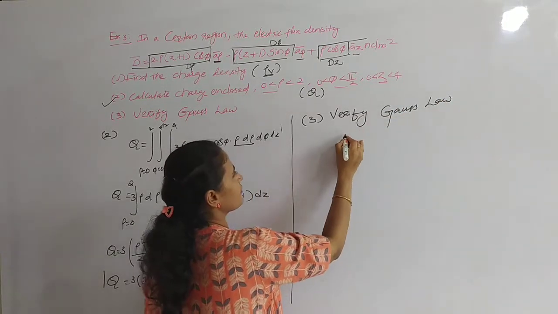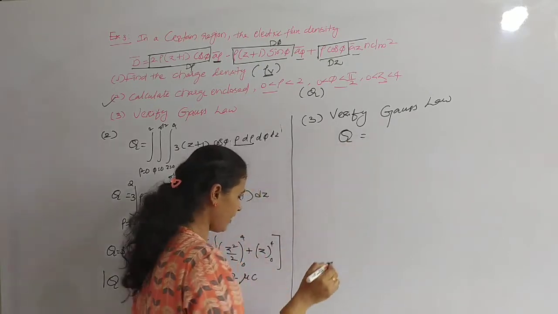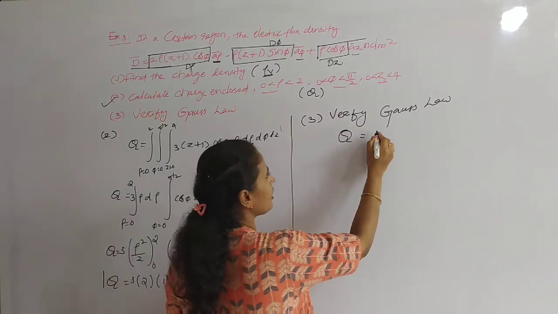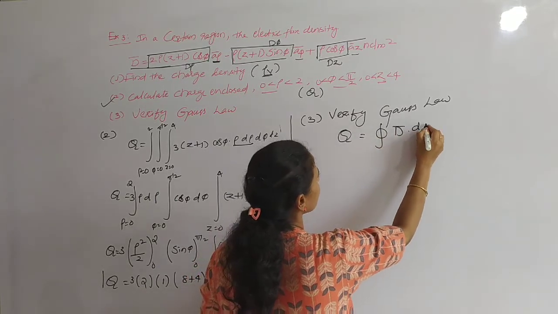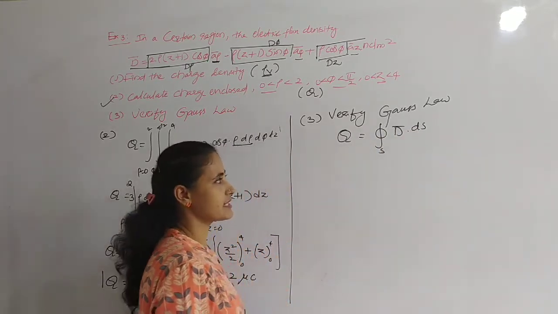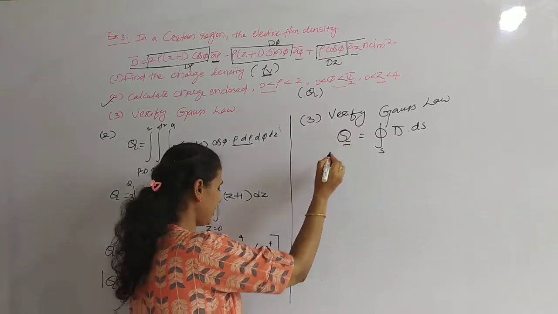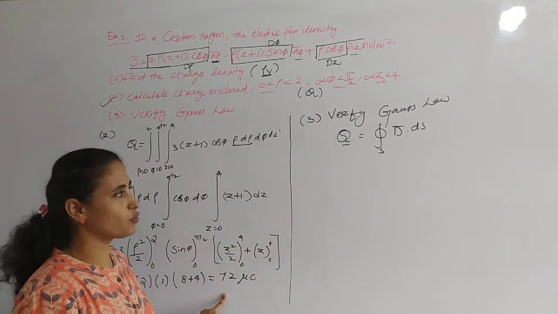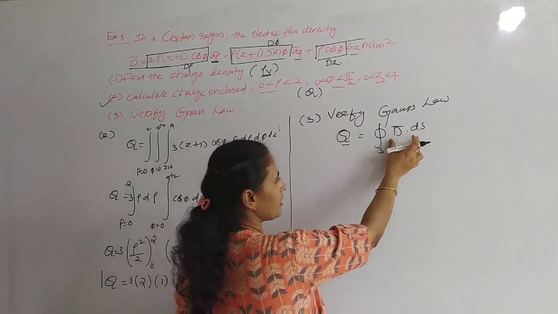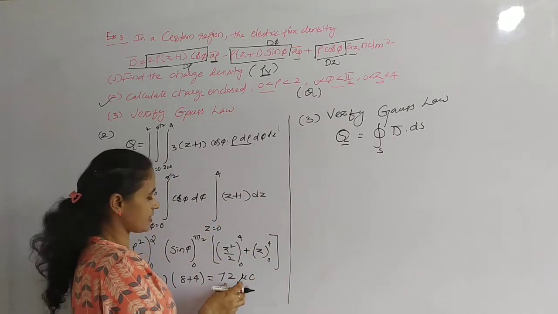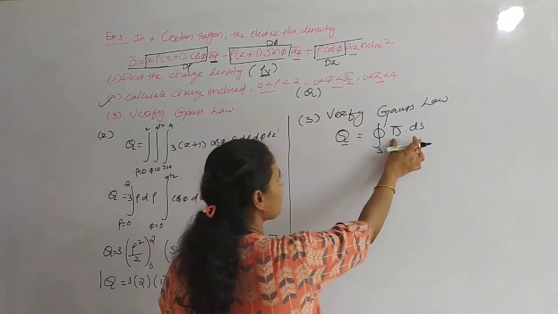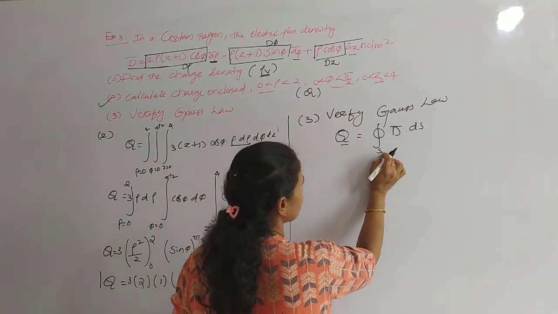We have to show that this Q, whatever we have obtained, is equal to the closed surface integral of D bar into dS bar. We already have 72 microcoulombs. Now we will see whether this integral again gives the same value of 72 microcoulombs or not.